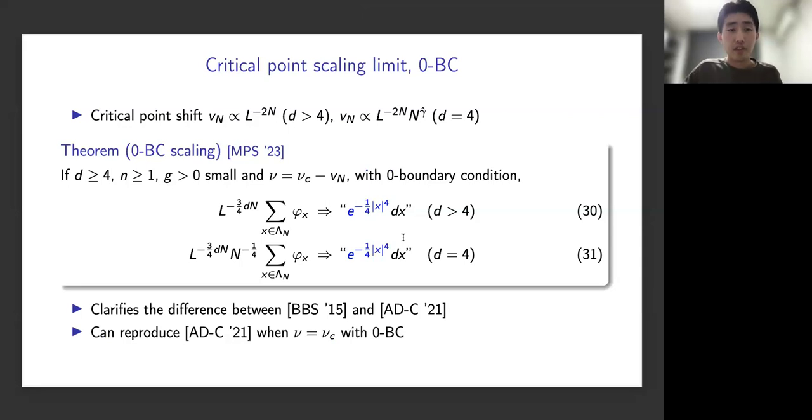Our next result clarifies the difference between the Bauerschmidt-Brydges-Slade result and the Environment-Dumel-Köpping result.